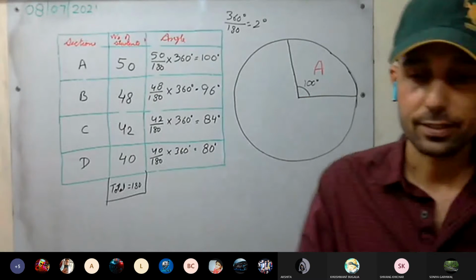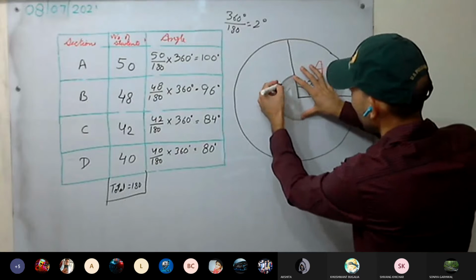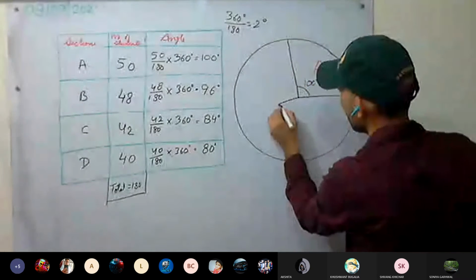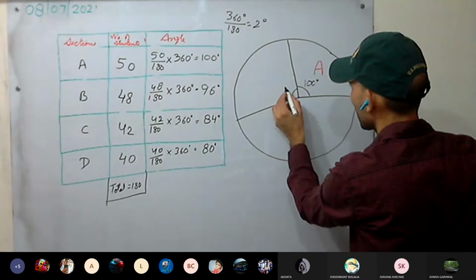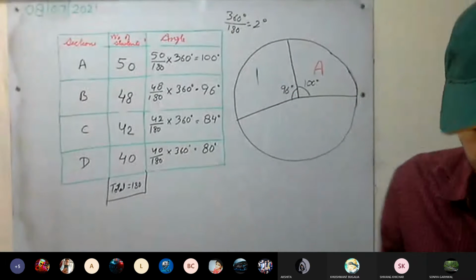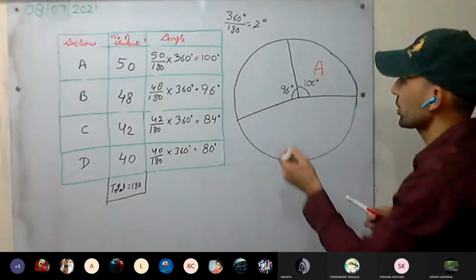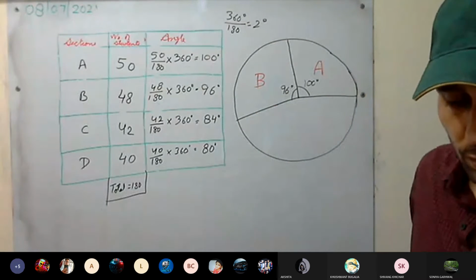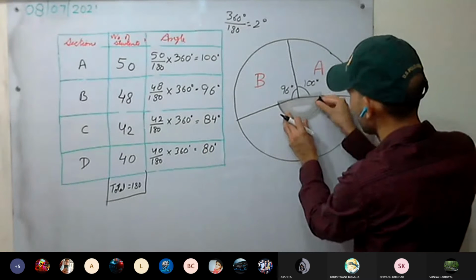Okay. Next is 96 degrees. So place your protector here. 96 somewhere here. Okay. This angle of 96 degrees represents section B. Okay, next one. 84 degrees. Put the protector here.